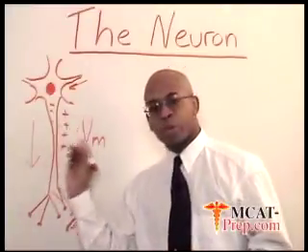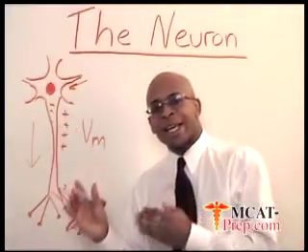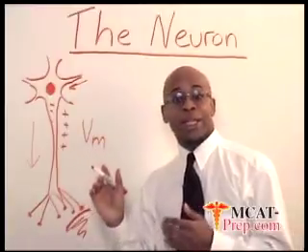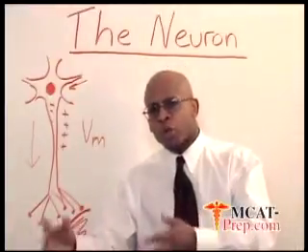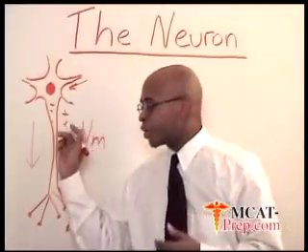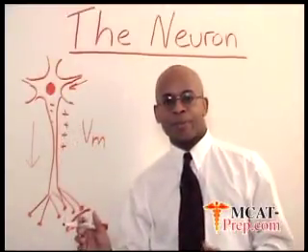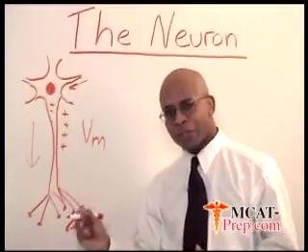And because sodium starts rushing inside, instead of the membrane potential being negative, suddenly it becomes positive because so much sodium, which is positively charged, rushes inside of the cell. This produces an action potential.